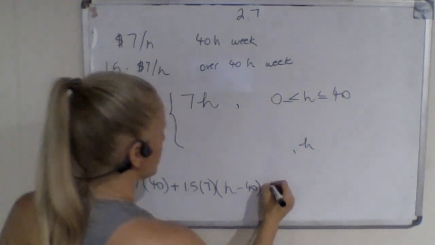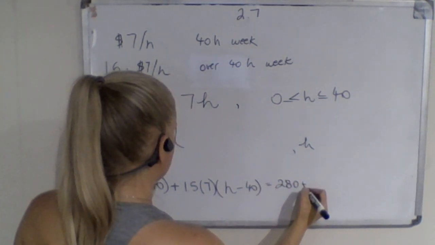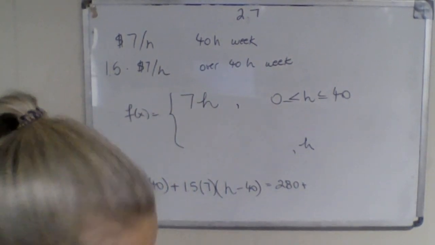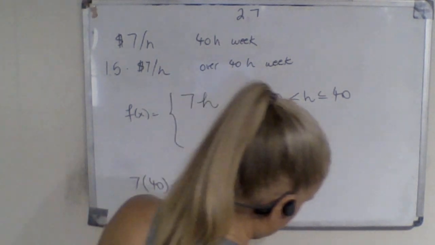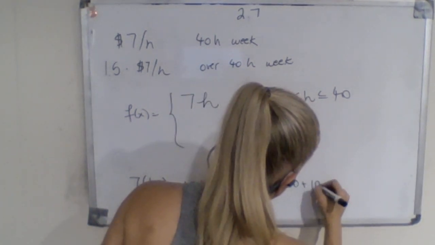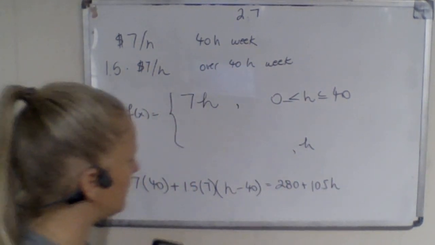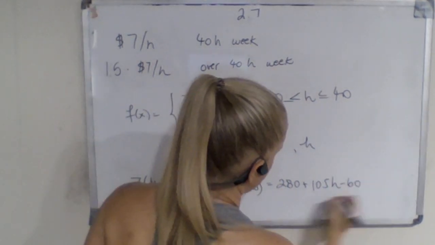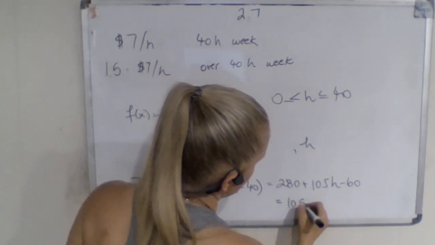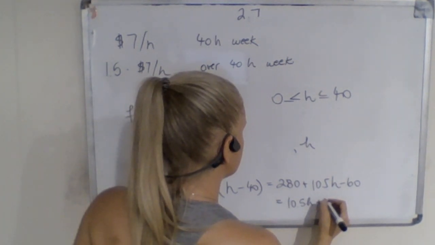When we open all of these parentheses, we get 280 plus 1.5 times 7, which is 10.5, I think.